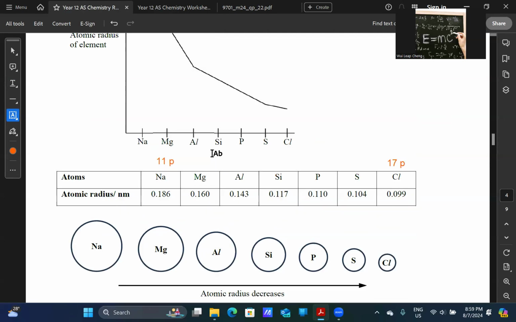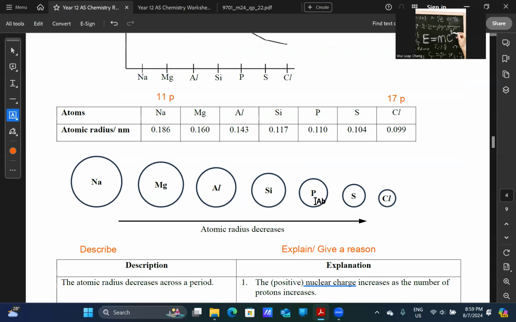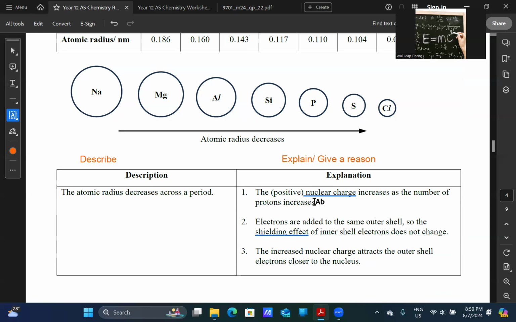That's why the first answer you can say is the nuclear charge increases because the number of protons increases. How do you know the nuclear charge increases or decreases? You refer to their number of protons. When you see the number of protons increases, then you can say the nuclear charge increases.